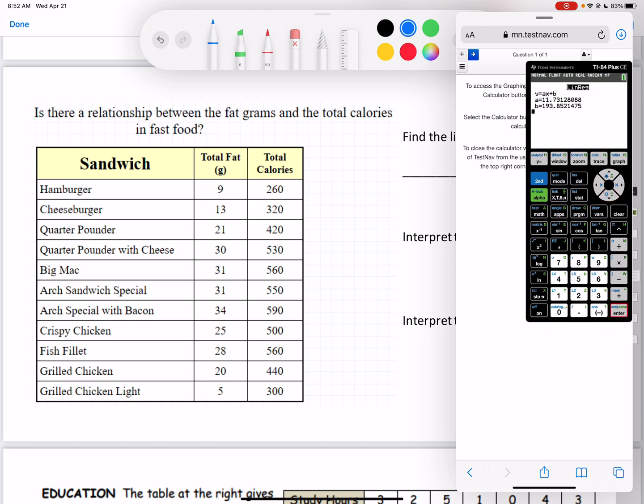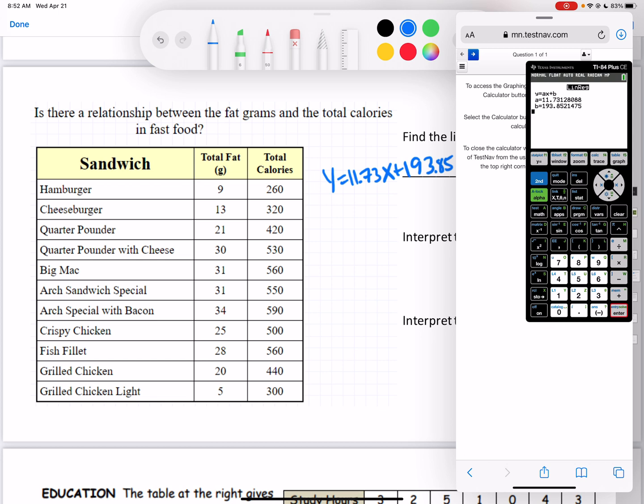You're just calculating. So here, it tells us that the line of regression, and I'm going to write this down because we're going to use this example later, is y equals 11.73, and I usually round to 2 decimal places, plus 193.85. And you will notice here that I'm not seeing an R value. So if I really wanted to find that correlation coefficient, I'd need that R value.